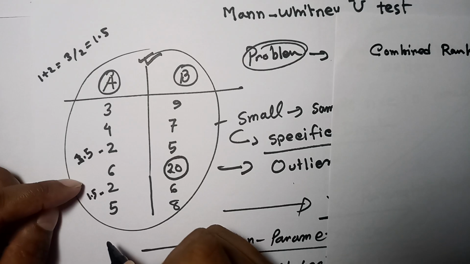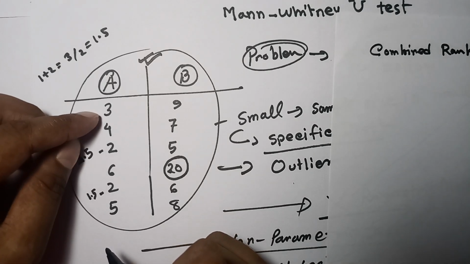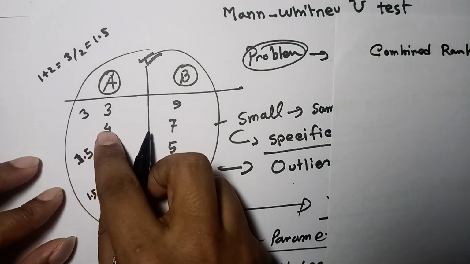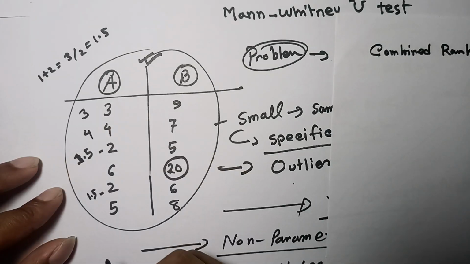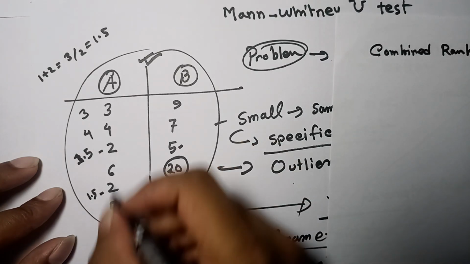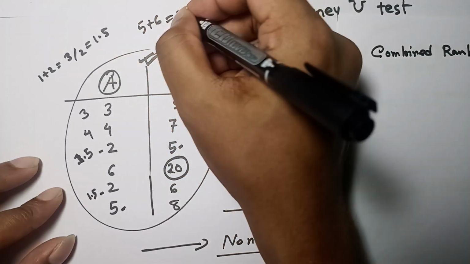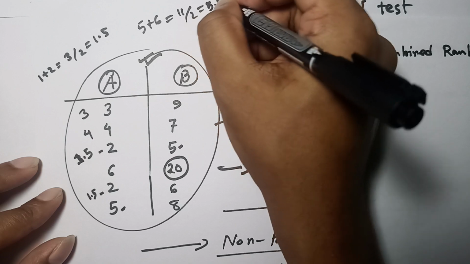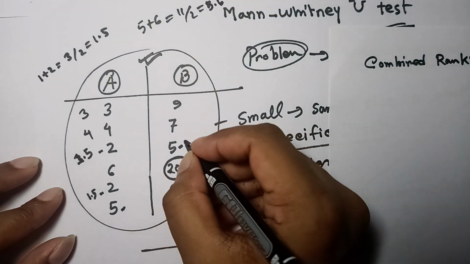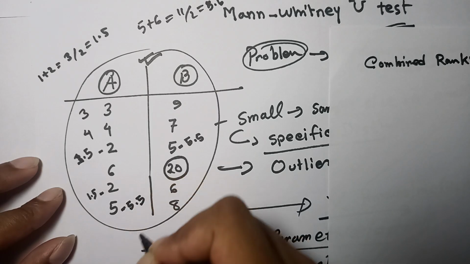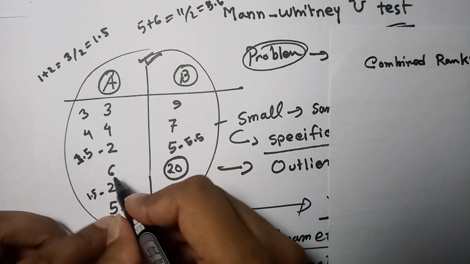The next smallest is 3, and 3 will get rank 3. This 4 will get rank 4, and the 5 occurs 2 times. So 5 and 6, 5 plus 6 is 11, divided by 2 you will find 5.5. So this one will be 5.5, and this one will be 5.5.